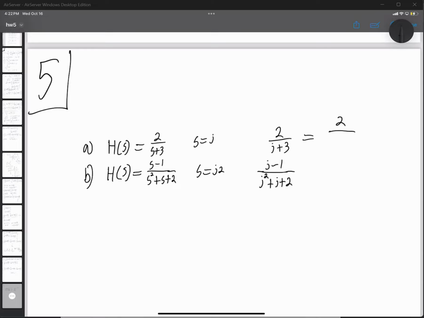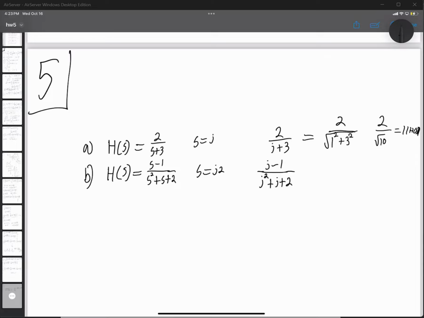Well, next to that j is a 1, so it would be 1 squared plus 3 squared, square rooted, so 2 over root 10 is equal to the magnitude.